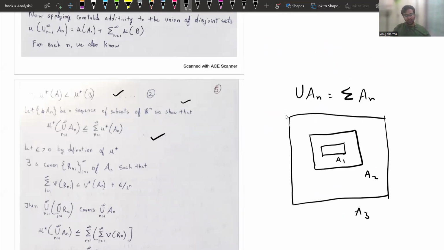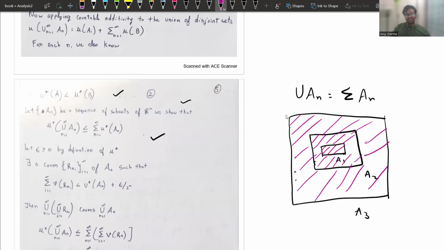We have to show this for the union of all these rectangles. If you take the measure of A1, the measure of A2, and the measure of the largest rectangle, and you cover them up, you take the length of the cover of this, and the cover of this, and you keep on doing this till the nth part.